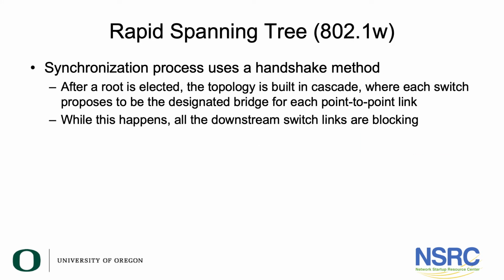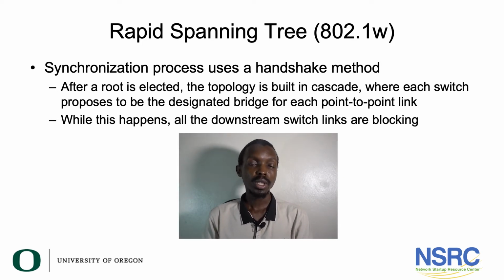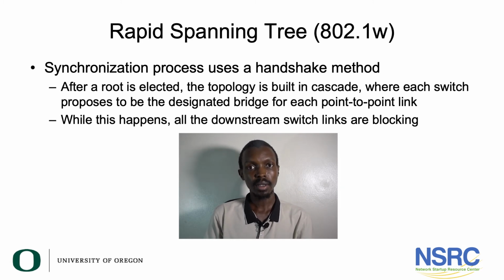The synchronization process uses a handshake method. So the first step is the same. The switches need to select the root bridge, and the election process is the same. All of them say I'm the root. But once the root is selected, now the topology is built in cascades, where each switch proposes to be the designated bridge for each point-to-point link.